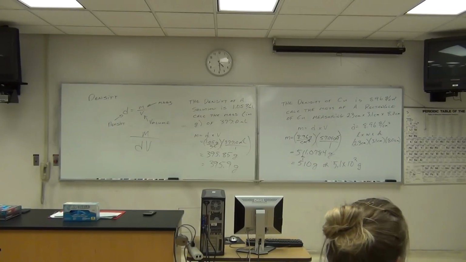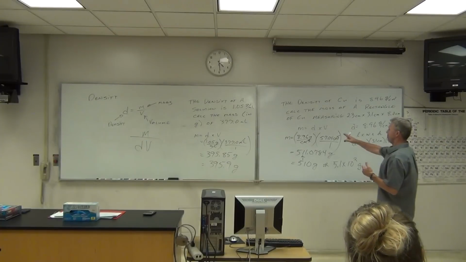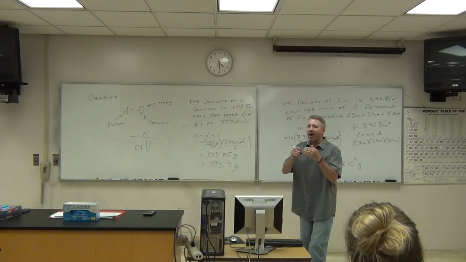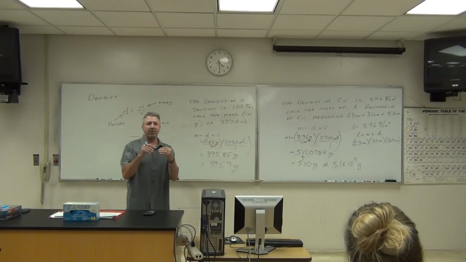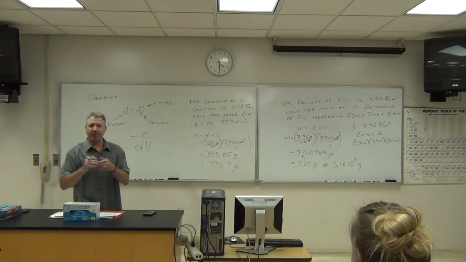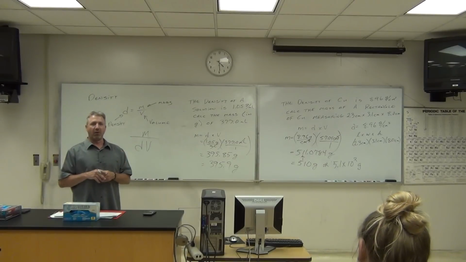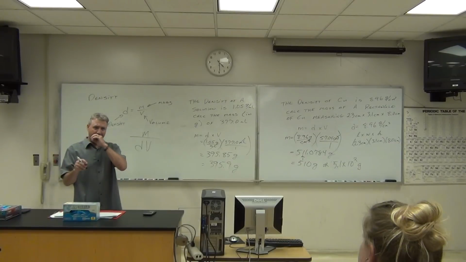So just remember, every time you round a number, when you finish rounding, take a quick look and say, are these approximately the same values? Rounding a number should not change a complete order of magnitude. You shouldn't go from 100 to 50, or from times 10 to the second to 10 to the 1.